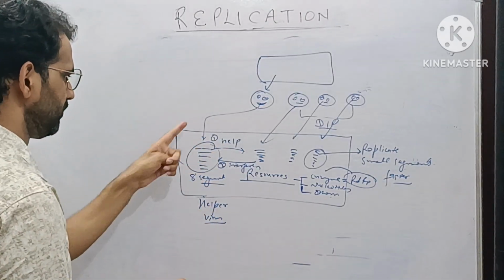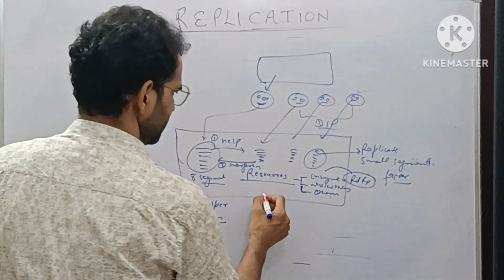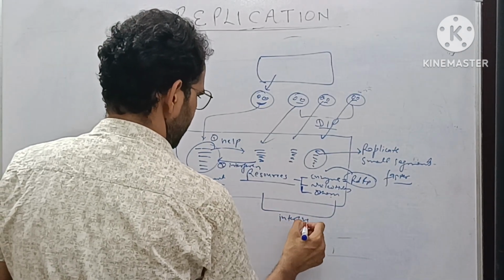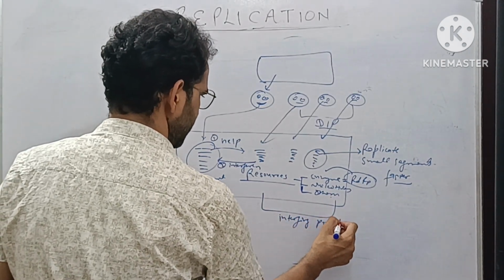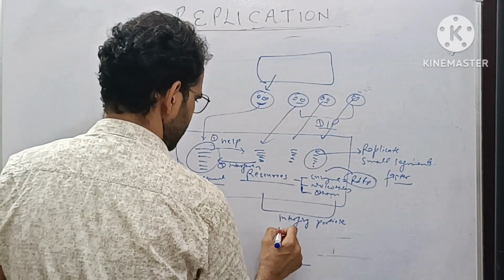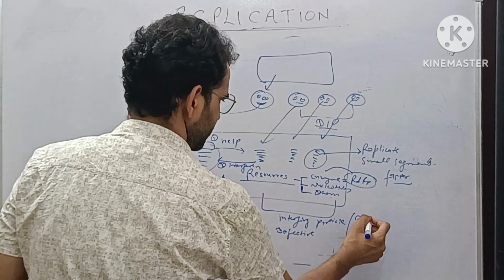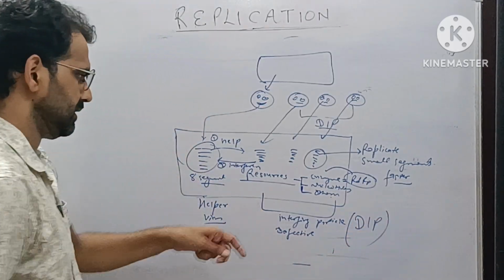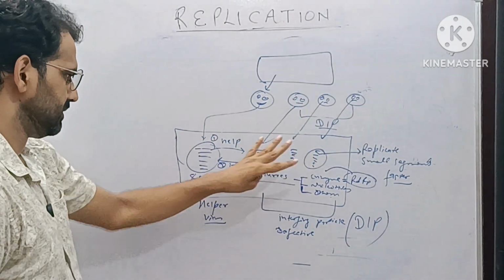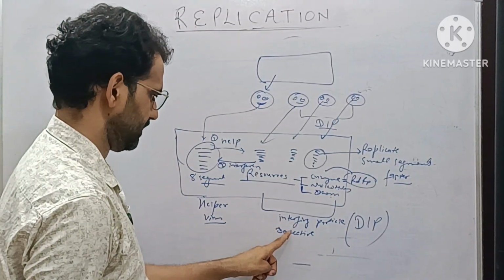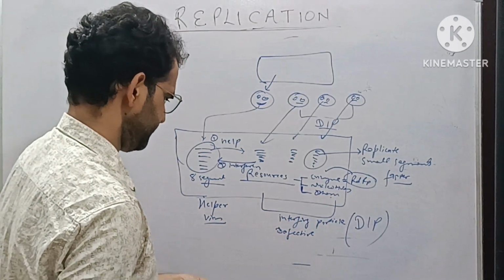And these are interfering particles, and also defective. So we call them DIP. First of all they are defective, then they interfere with normal replication: defective interfering particles.